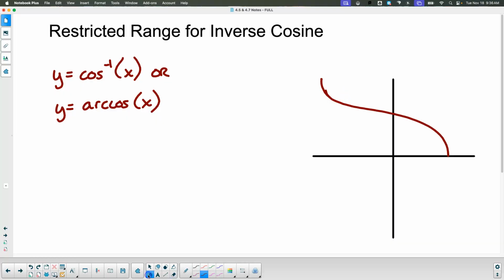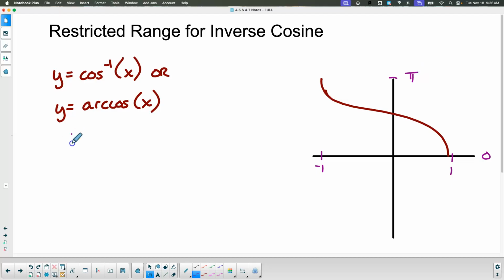I'm going to be looking there. And so I'll go from negative 1 to positive 1. But I'll also go from 0 up to pi. I'm going to take that chunk of it.